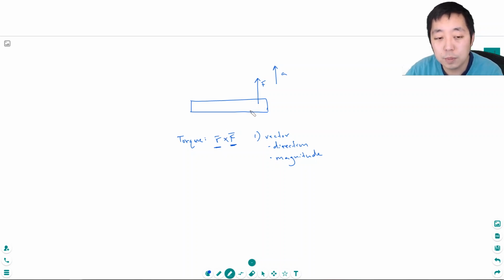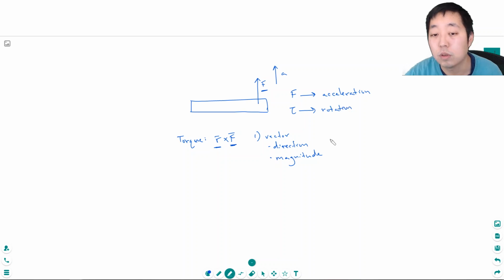Torque is what's going to cause a rotational motion. Just like force, when I apply a force, it causes acceleration, right? When I apply a torque, it causes rotation. Okay? Another way we say this, which I'll get into, is it causes angular acceleration. Okay? So that's the idea.